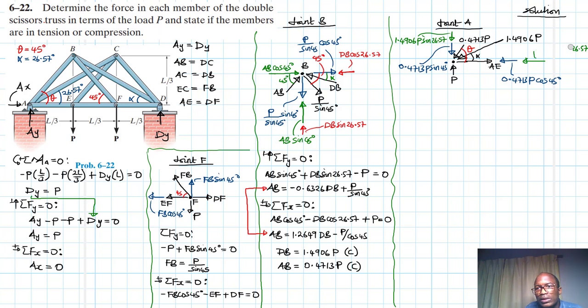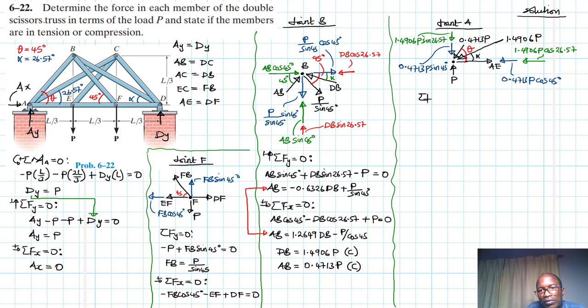Maybe I should write it. It's too long. Let me write it inside there. 1.4906p cos 26.57. This one. Great. So we have all the components that we need, but we are just interested in AE.